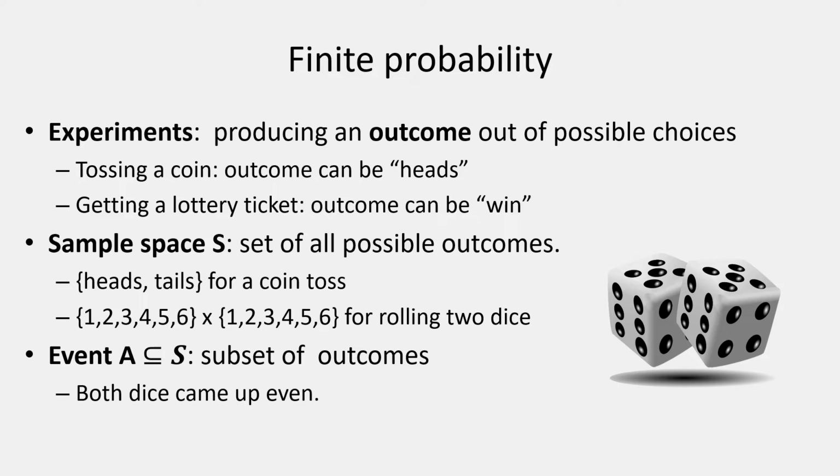But an event can be something like both dice came up even, or the value on one die is a factor of the value on the other die, or they're the same, something like that. And generally, if we're talking about finite probability, you can list all the possible outcomes, and an event is just a subset of it.